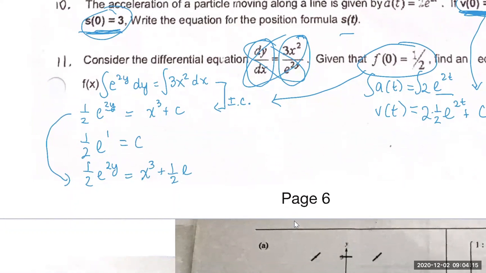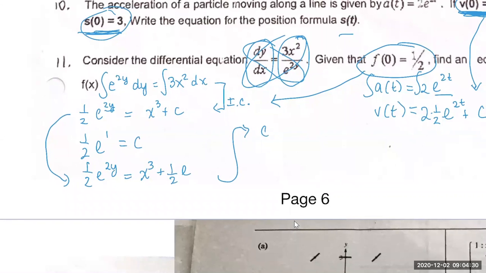If I go on to isolate y, I'm going to multiply both sides by 2. In doing so, you get e to the 2y equals 2x cubed plus e. And then to bring y down, you take ln of both sides.